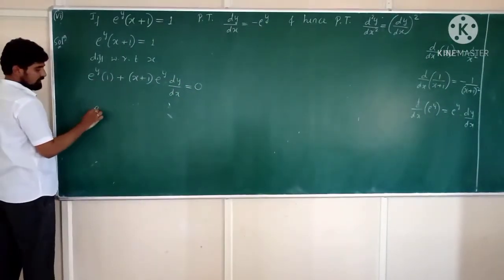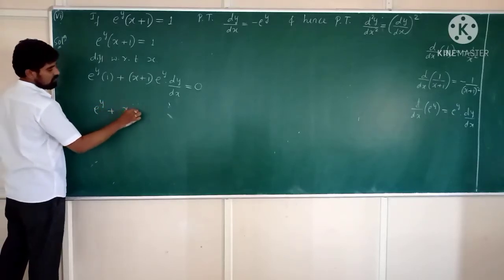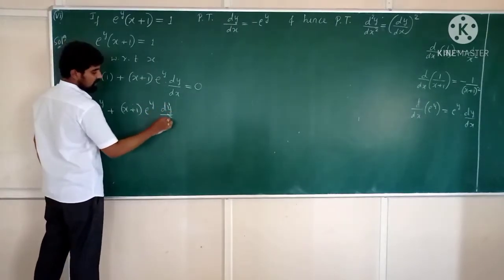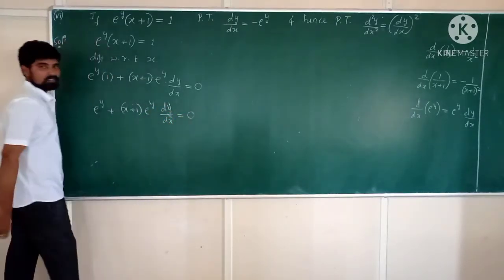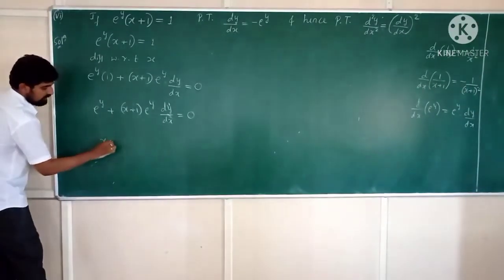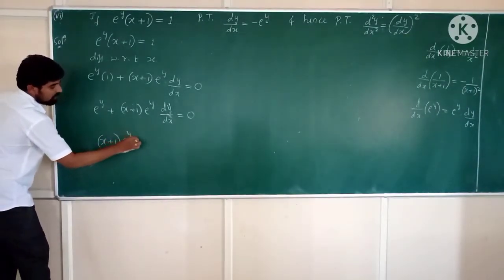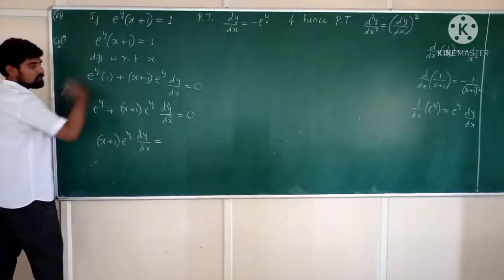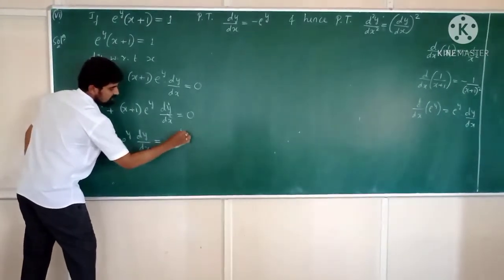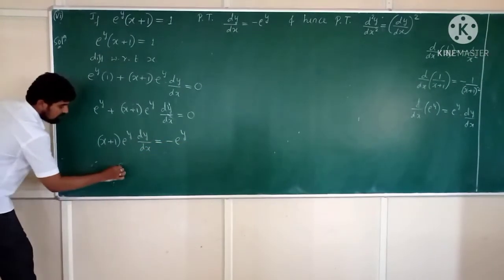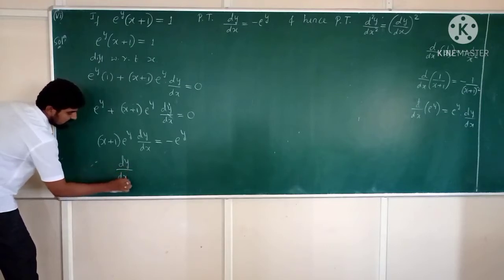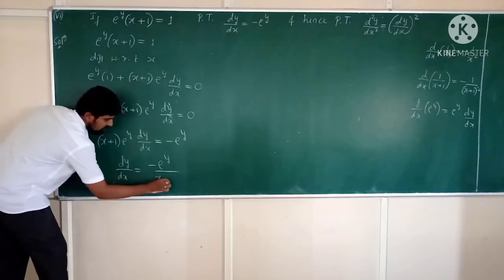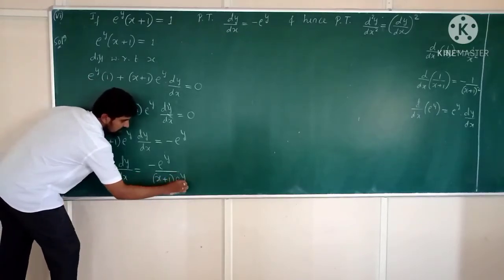e^y into (1 + ...) is e^y plus (x + 1) into e^y into dy/dx equals 0. Now (x + 1) into e^y into dy/dx is equal to, shifting this e^y to the right hand side, it becomes minus e^y. Hence dy/dx is equal to minus e^y divided by (x + 1) into e^y.